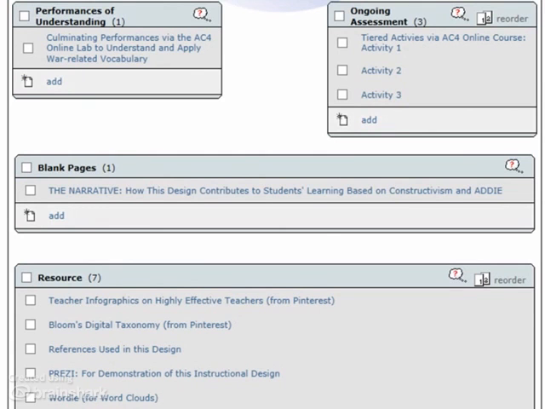On the next slide, we also have the performances of understanding, ongoing assessment, and other essential elements of CCDT if you, as an instructional designer or an instructor, simply want to add these elements at the end of your design. Well, in my case, I preferred to include blank pages and certainly the resources.